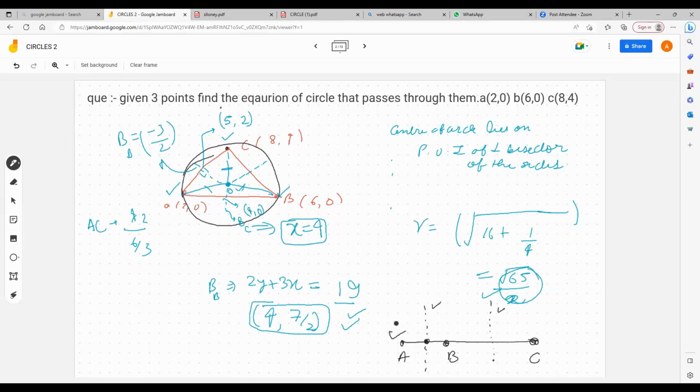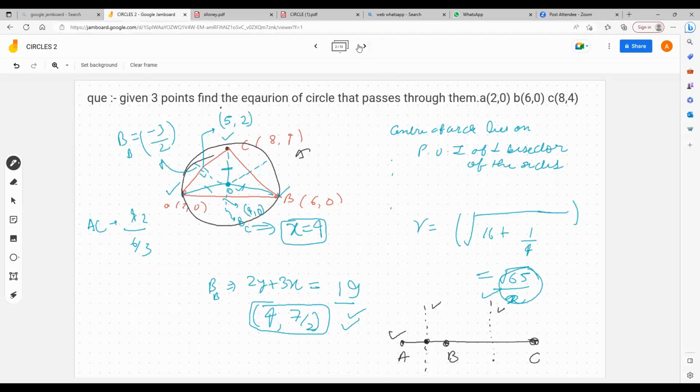So if ABC are non-collinear, then only does there exist a circle that passes through all of them. If ABC are non-collinear, then definitely there will be a circle that passes through them, because this is a general method. It needs no specifications on ABC except that they are non-collinear.